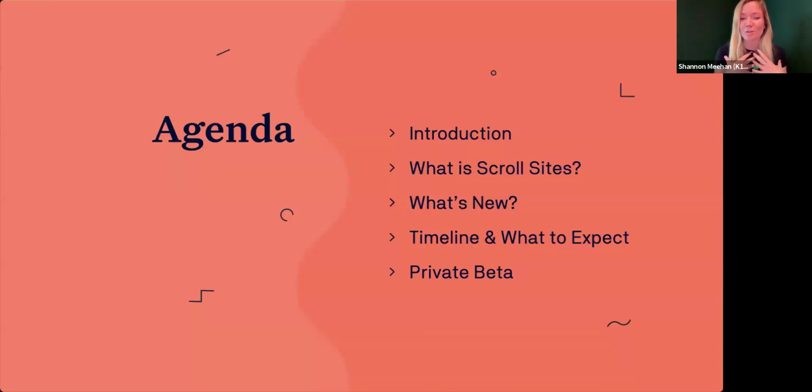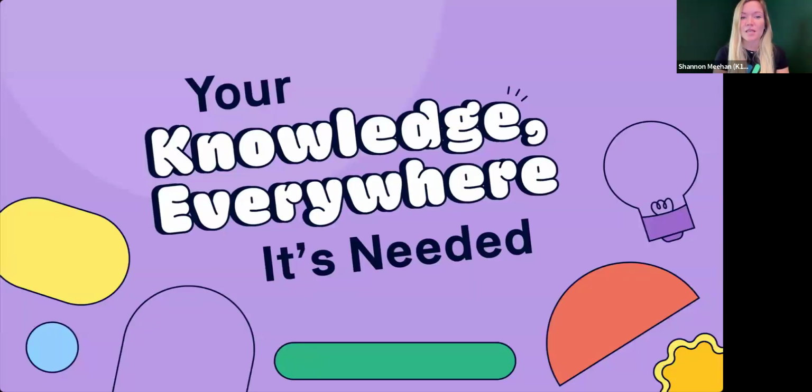So with that, I would also like to do a quick introduction or a reminder of who we are. So if you don't know who our team is already, we are K15T. We are the creators of Scroll Viewport and a number of other apps for both Confluence and Jira. And at K15T, our goal is to help you share your knowledge everywhere it's needed.